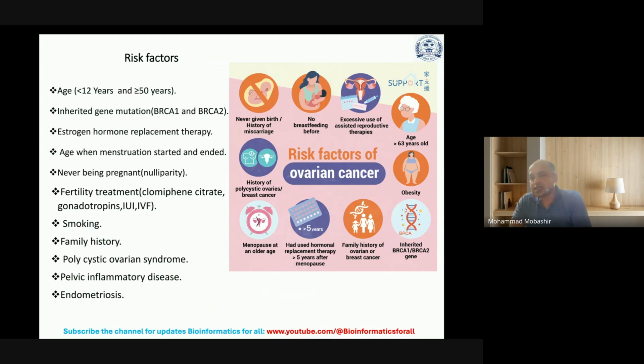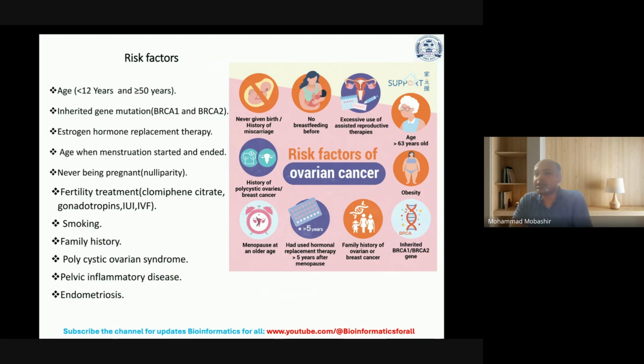These are the risk factors, and the same risk factors have been presented in the right side drawing, where you can see never given birth, history of miscarriage. This is also one of the risk factors. No breastfeeding before, excessive use of assisted reproductive therapies.